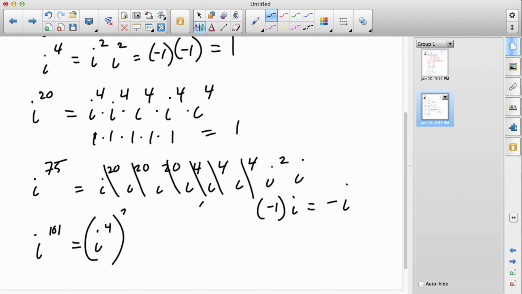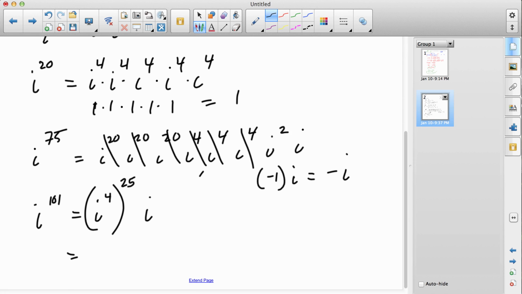Oh, I could go 4 times 25. Power of a power, right? 4 times 25, that'll give me 100, and I need another i. But I know that i to the 4th is just equal to 1, so I have 1 to the 25th times i, and 1 to the 25th is just 1 times i. So if I'm doing i to the 101st, it's simply i.